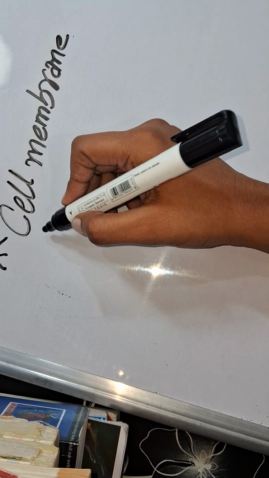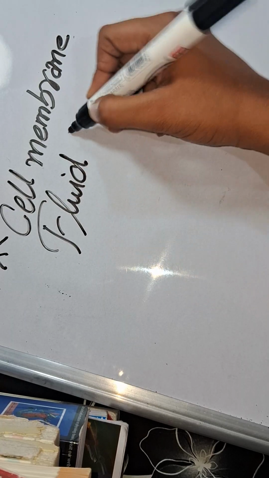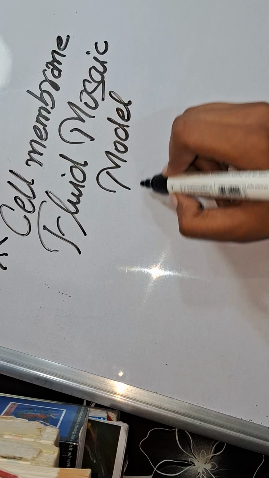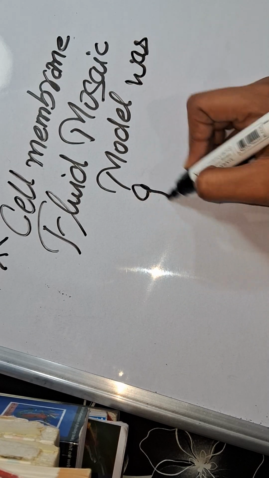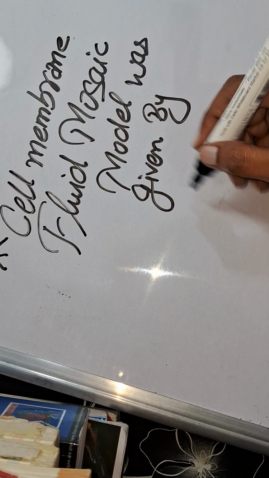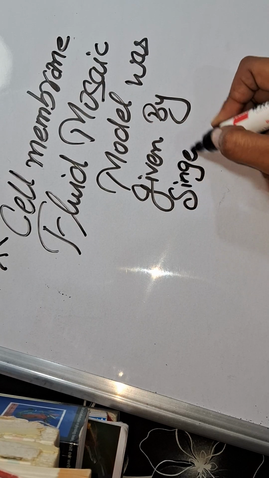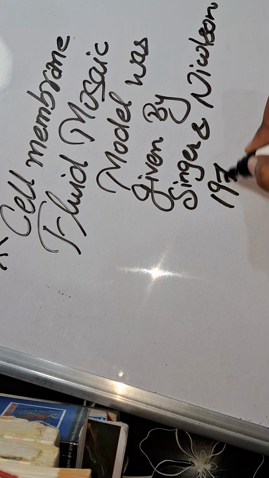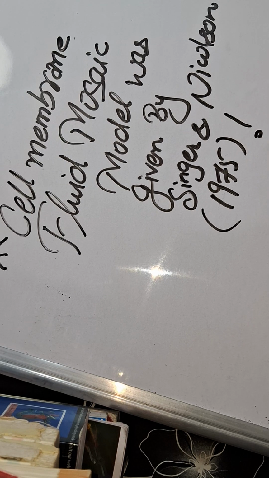Now the question arises how the cell membrane or plasma membrane looks. There was a famous model, the fluid mosaic model. This model was given by Singer and Nicholson in the year 1975.